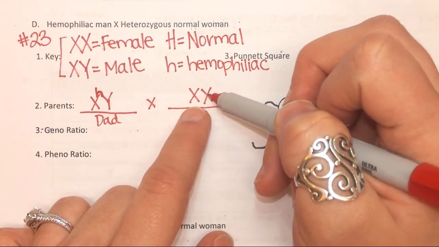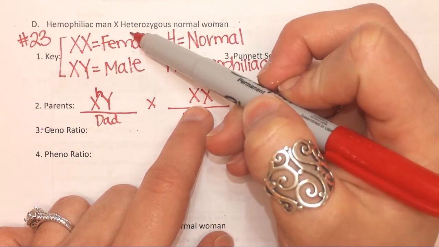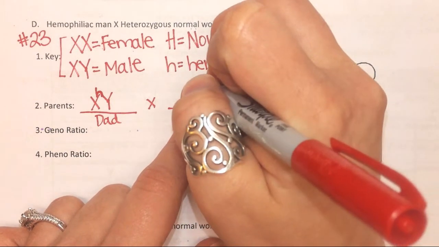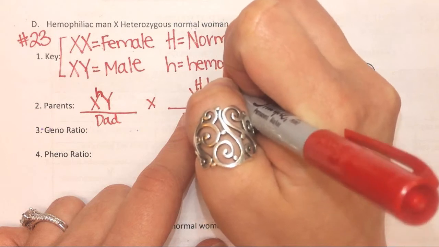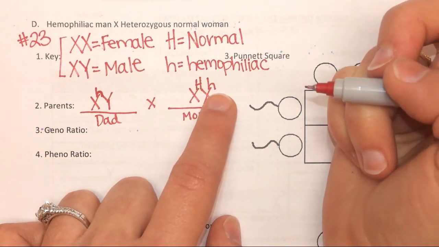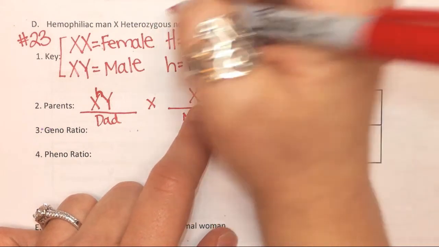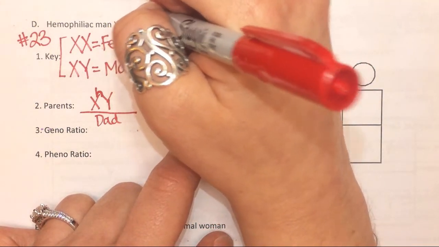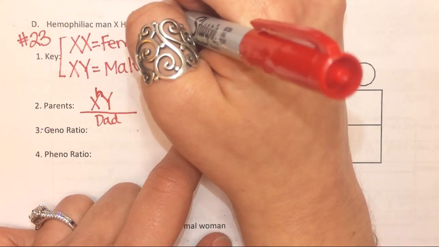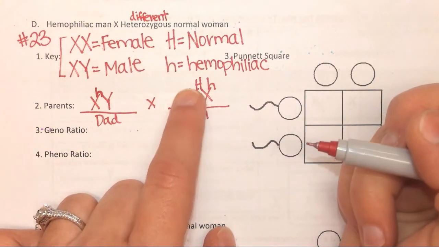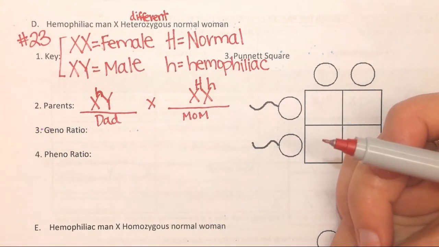For the XX chromosomes, it says that mom is heterozygous, which means that she will have two different size letters carried on her sex chromosomes. Heterozygous always means different. And in this case, heterozygous means two different size letters.